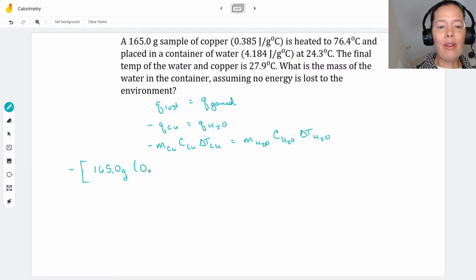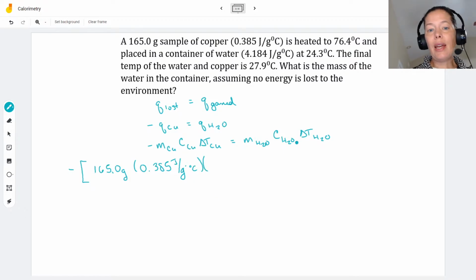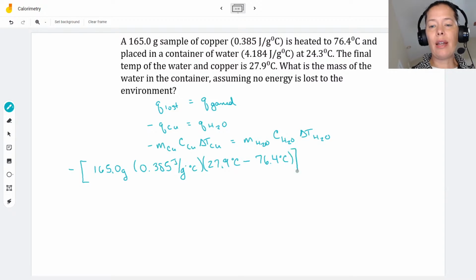So the specific heat of copper is 0.385 joules per gram times degrees Celsius. And then again, my delta T. Remember, delta T is T final minus T initial. So my final temperature here is 27.9 degrees Celsius, minus, again, be careful, you want the initial temperature of the copper, and that was 76.4 degrees Celsius. Okay, and I'm going to close my brackets.